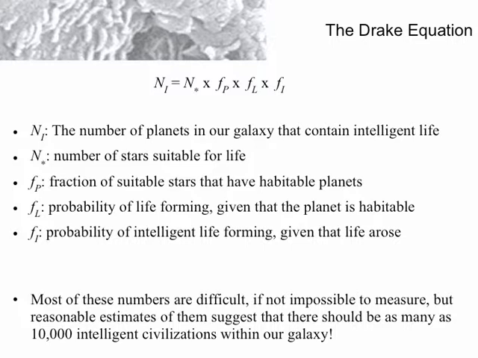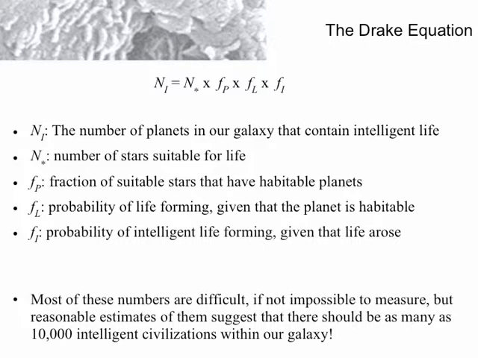Well, one way to try and quantify it is the use of what's called the Drake equation. And so this equation parameterizes all the different things that you need, the ingredients that you need for intelligent life to be somewhere else other than Earth. So if you want to figure out how many intelligent civilizations there are, we'll call that N sub I, number of intelligent civilizations.